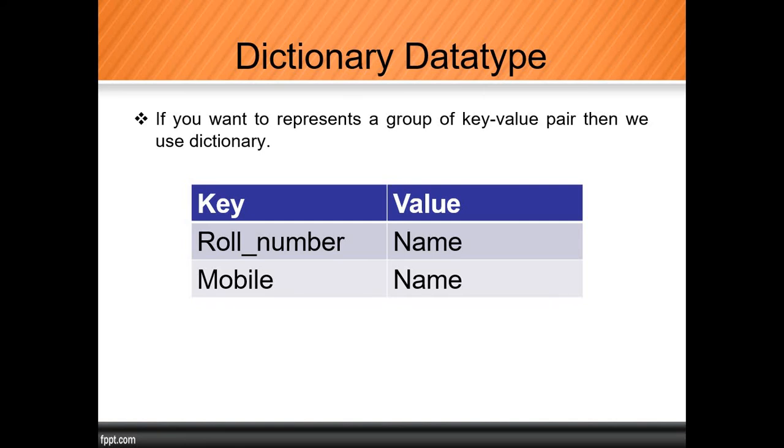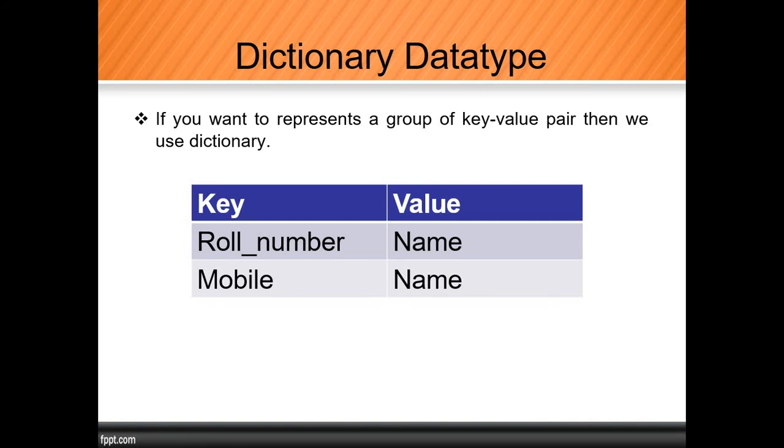So for example, if you want to store the data in the form of key and in the form of value, then we will use a dictionary. For example, the key is a roll number. We all know that we assign a unique number as a roll number, and by using that roll number, we can decide who is present and who is absent. For example, at college level, you get the roll number 10.